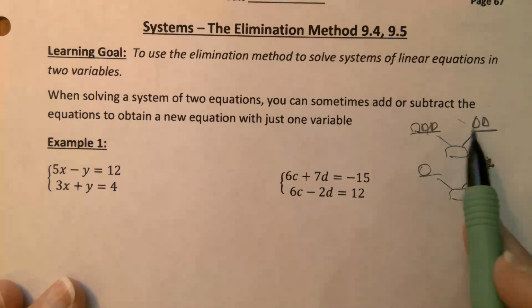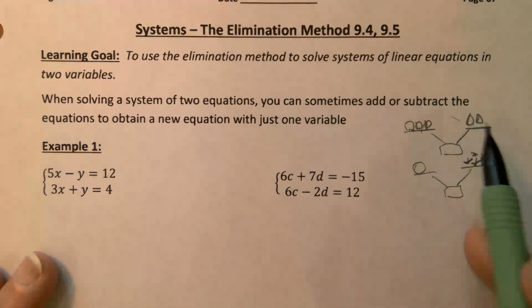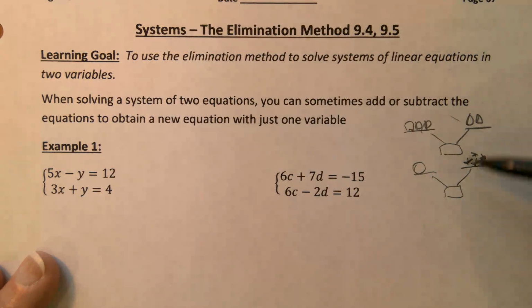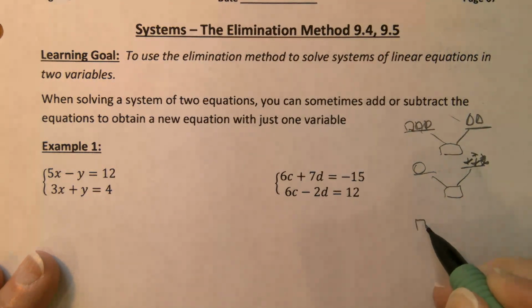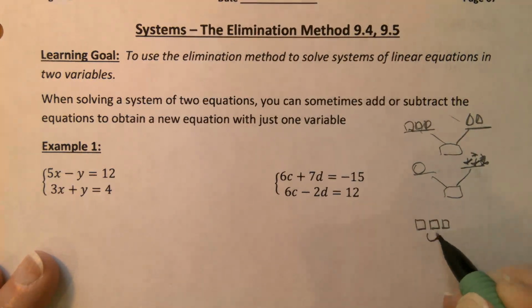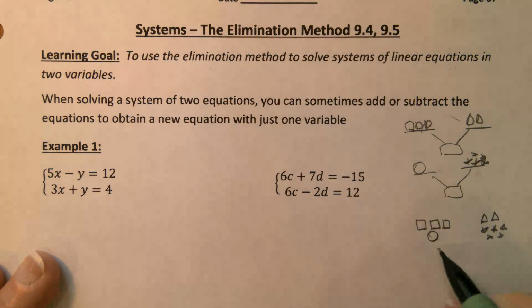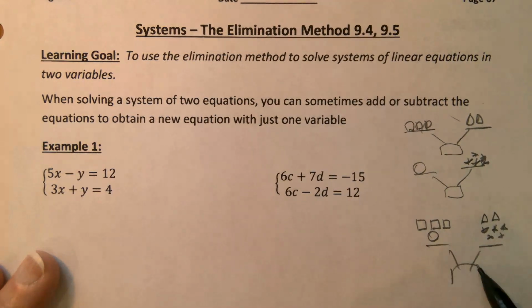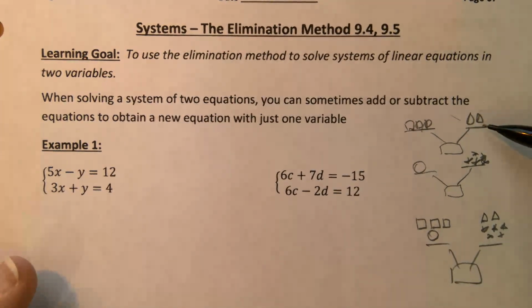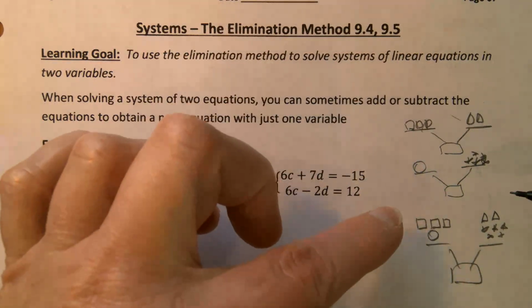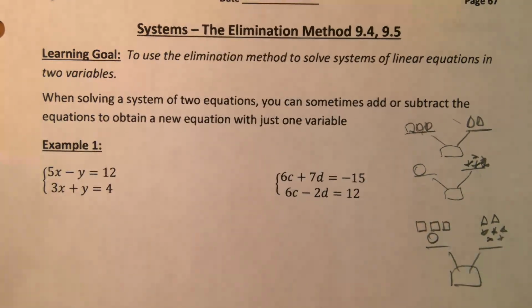Because these are equal and these are equal, I could add these together. And see, these are supposed to be like triangles. They're going to be balanced, because I'm taking two equal things and adding them to two equal things, and so I end up with two equal things.